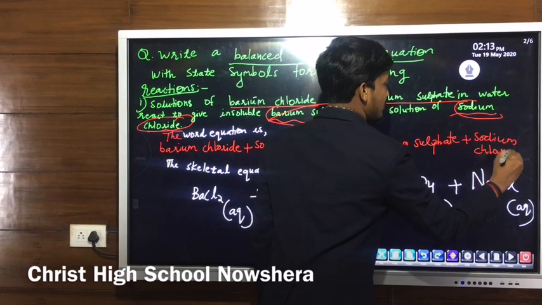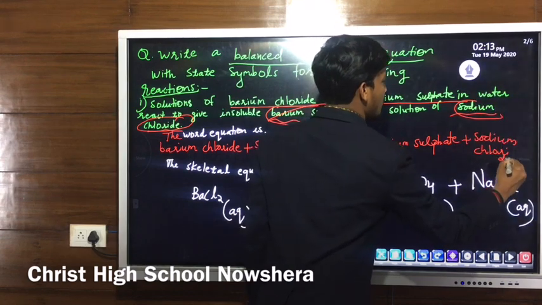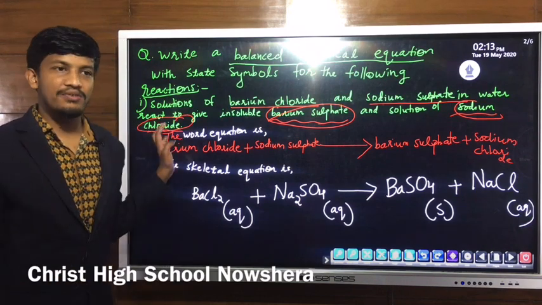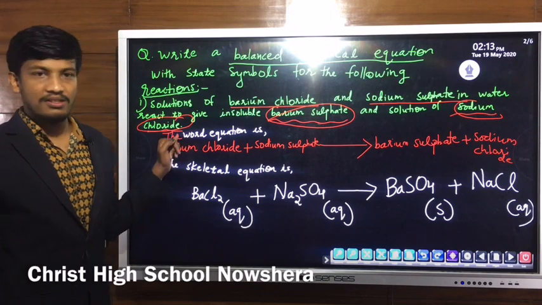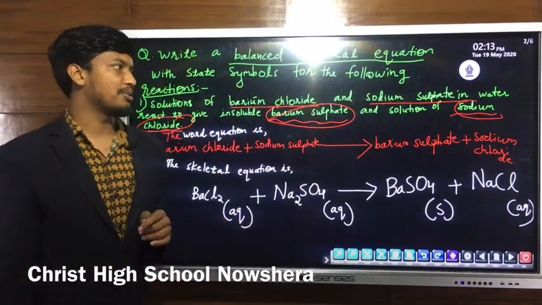So this is the word equation. In the word equation we write the names of reactants and products: barium chloride plus sodium sulfate gives barium sulfate plus sodium chloride.